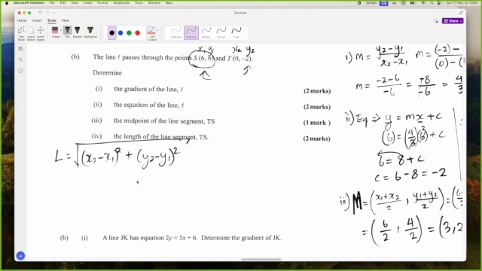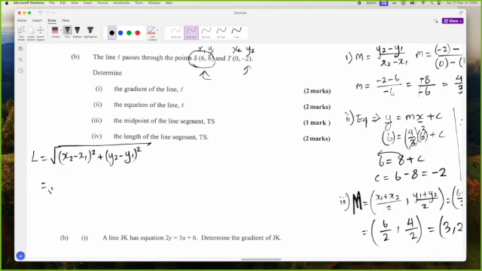This is just Pythagoras theorem, right? Let me write it a little better than that. Oh gosh, let me put in a little effort. Yeah, L is equal to the square root of x2 minus x1 squared plus y2 minus y1 squared, the square root of all of that.